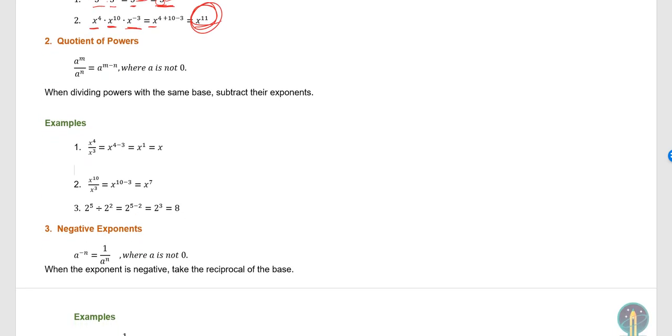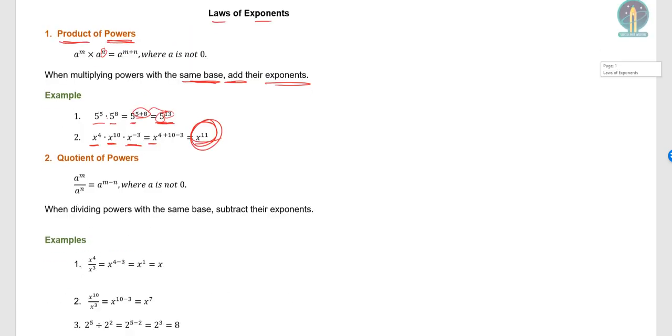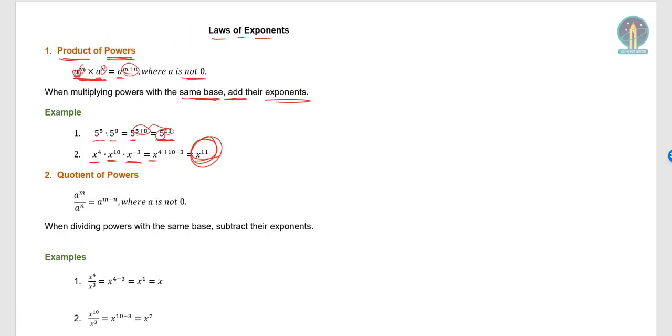Quotient of powers. Very similar to the product of powers, but here you have division, so you have a quotient in the end. But again, as long as the bases are the same, you would subtract the exponents. So here you have a to the m minus n power.